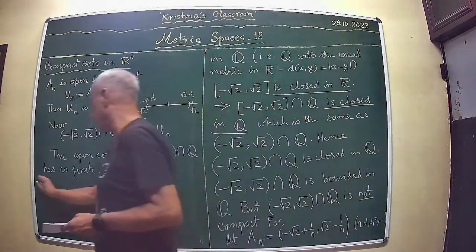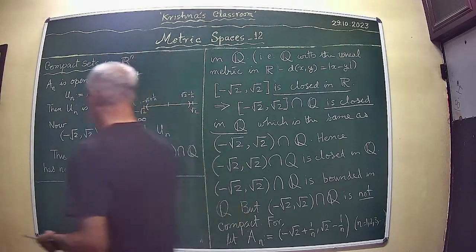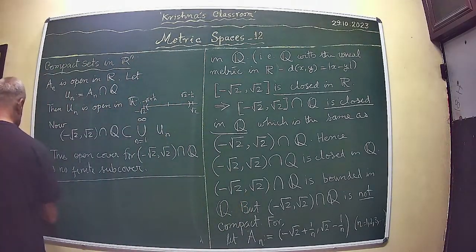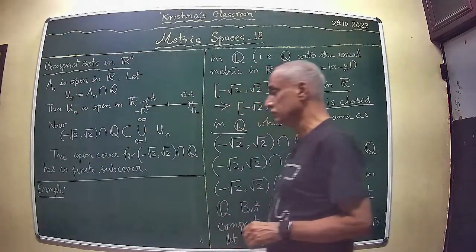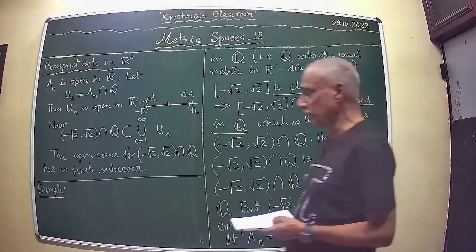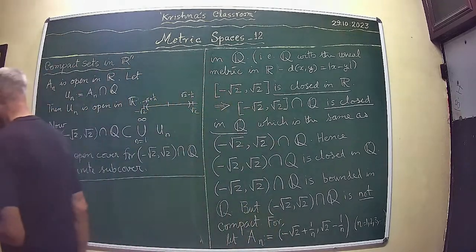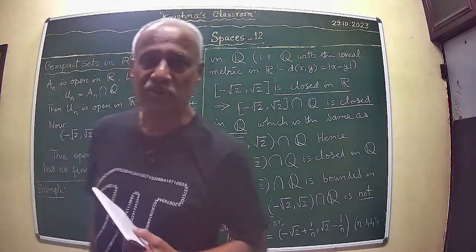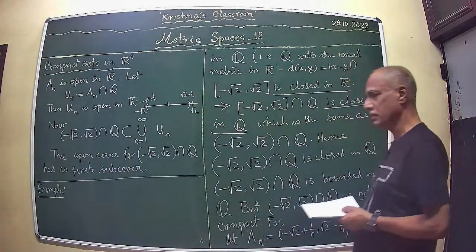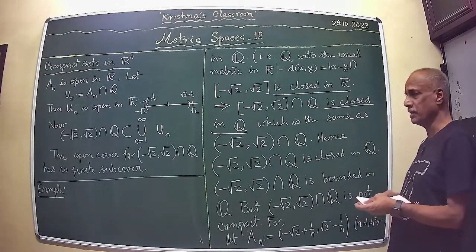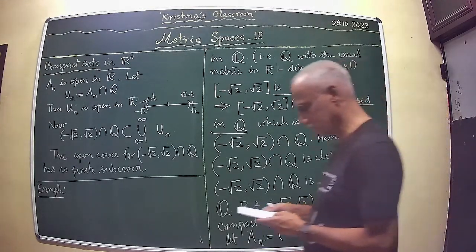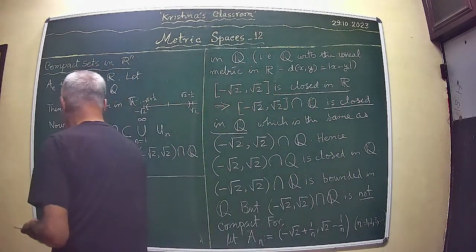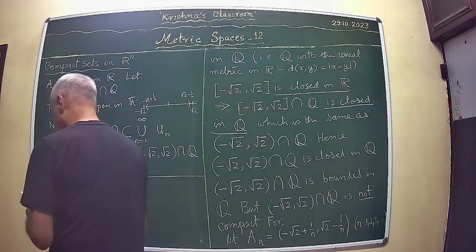Okay, now another example. Now we give another example of a case where closed and boundedness does not imply compactness. So consider X to be L2.